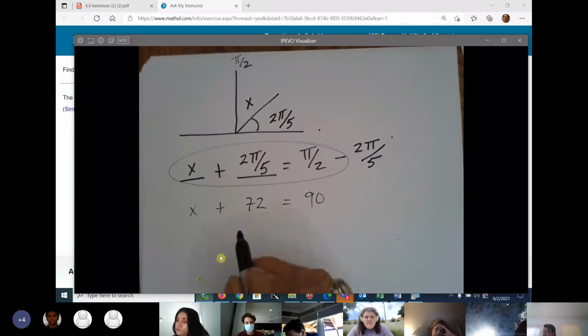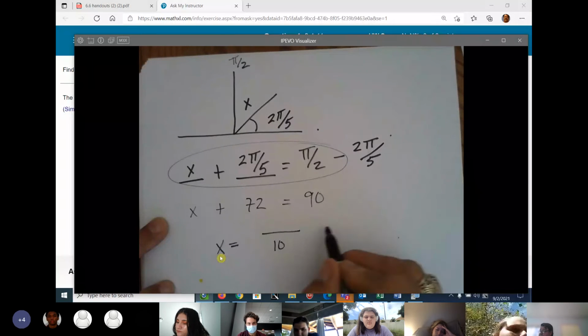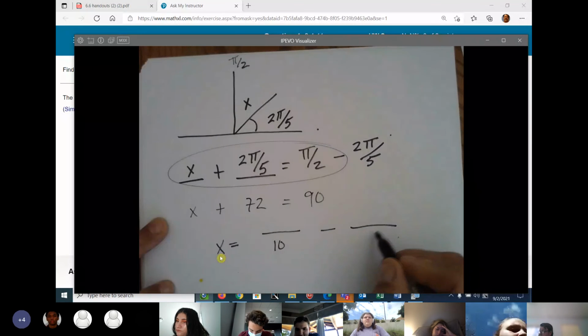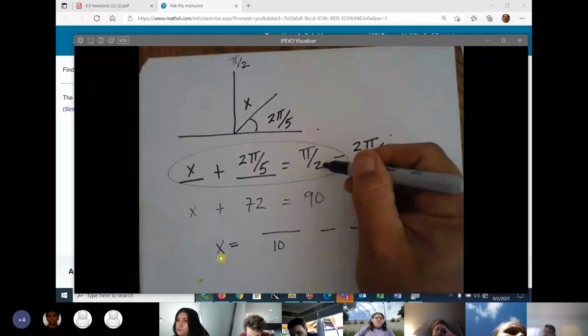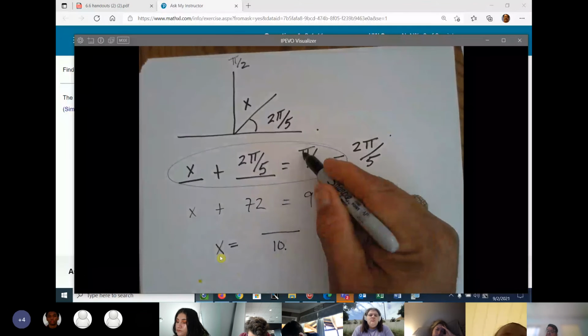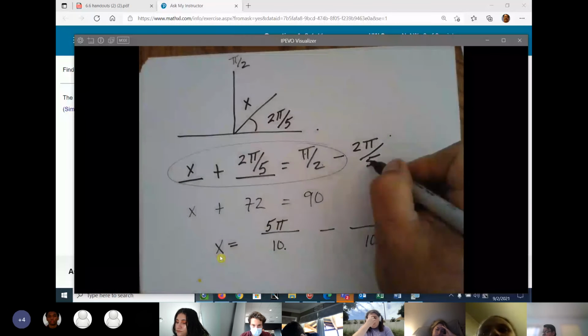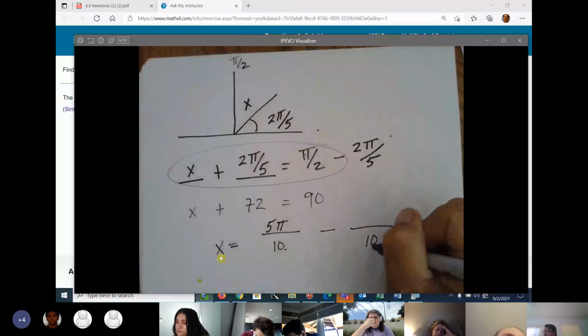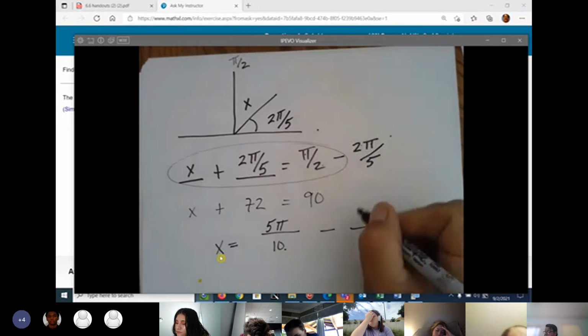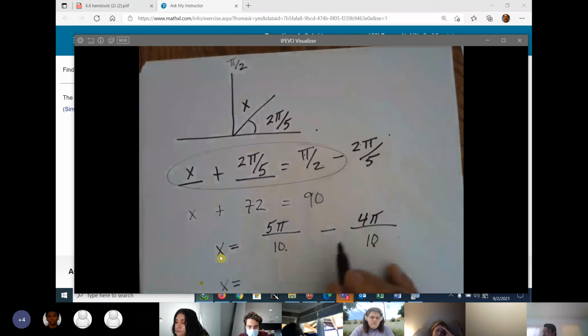So X is equal to blank over 10 minus blank over 10. 2 will go into 10 5 times. 5 times pi is 5 pi. 5 will go into 10 2 times. 2 times 2 pi is 4 pi. And X is equal to pi over 10.